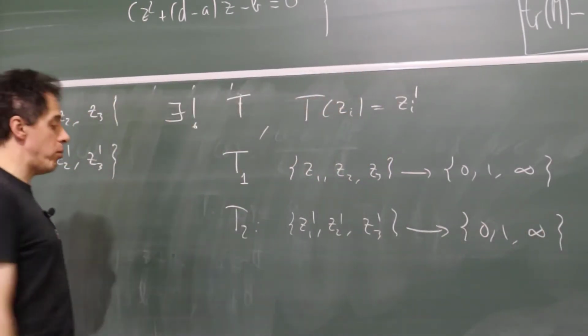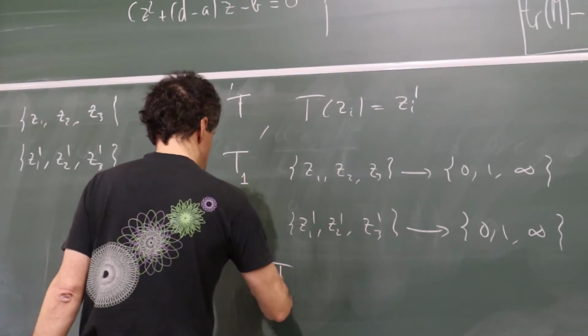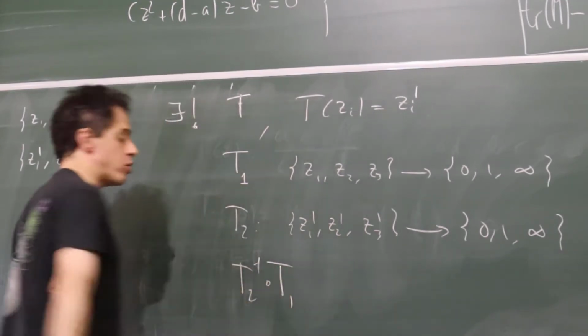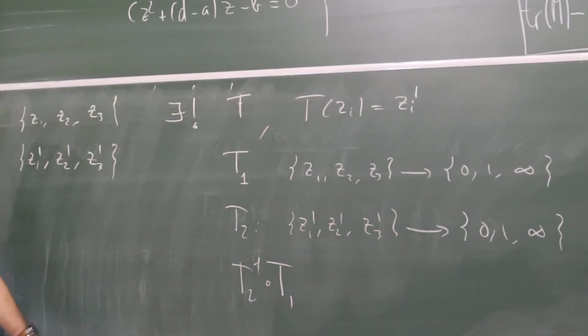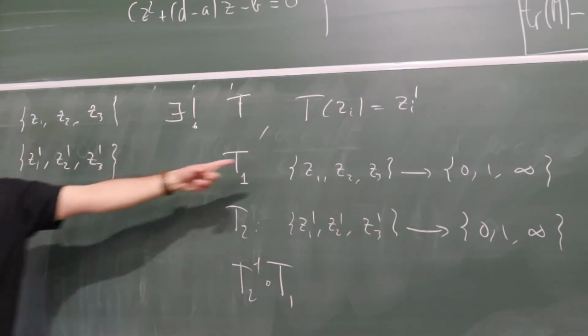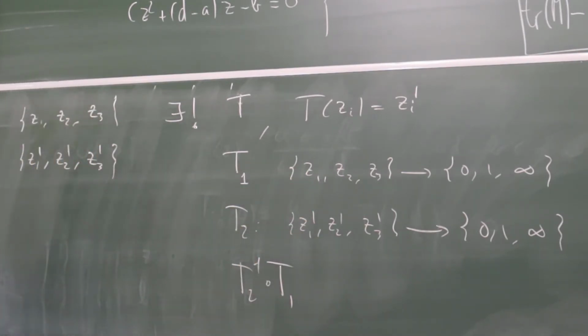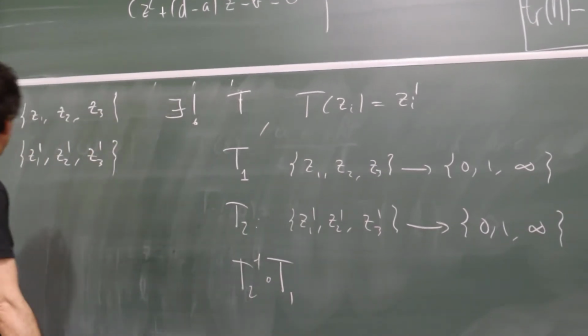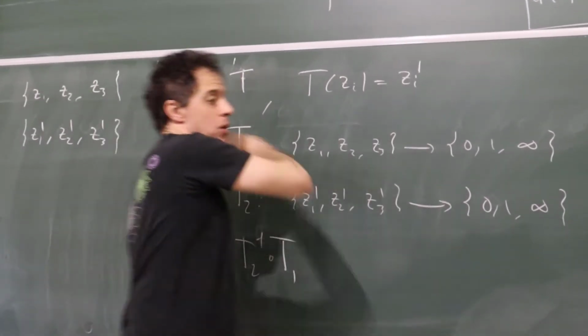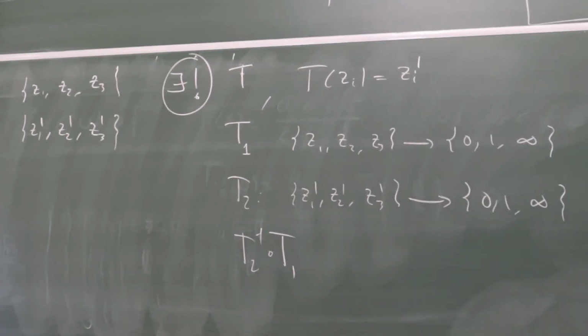Now you only need to consider the composition that takes your Z points into your Z prime points. And of course, the same argument as before shows that it is unique. So any three points can be taken into any three points, which is another relevant property of Möbius transformations.